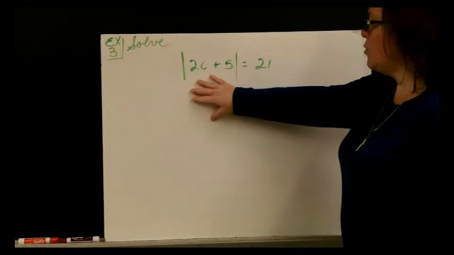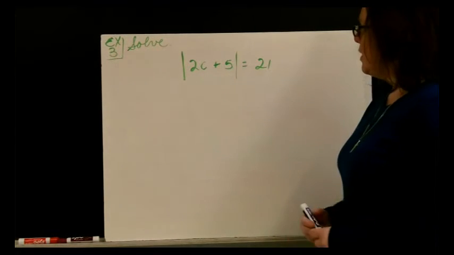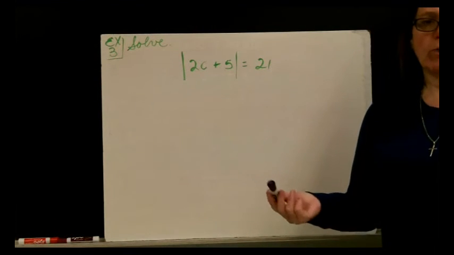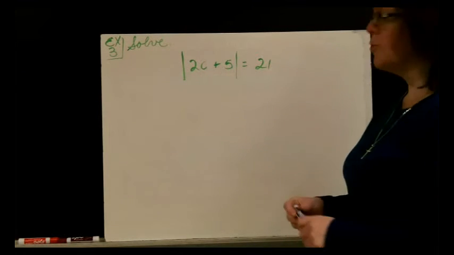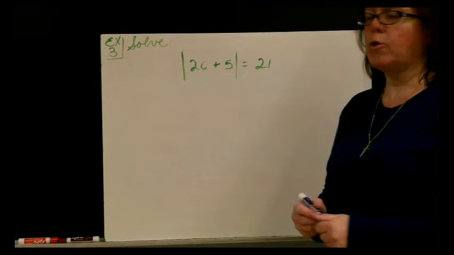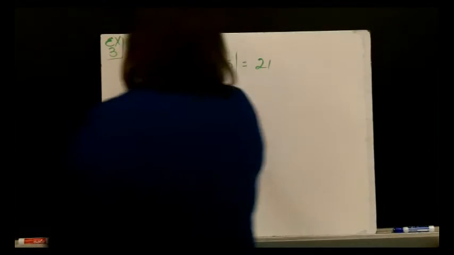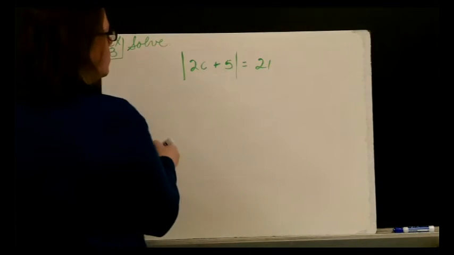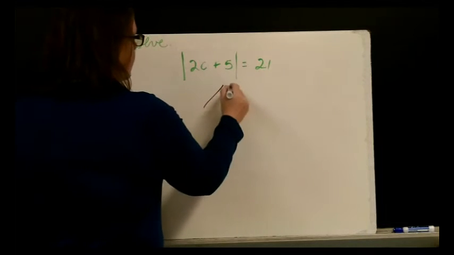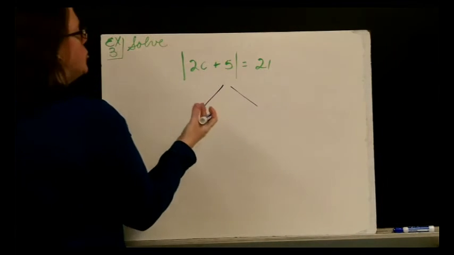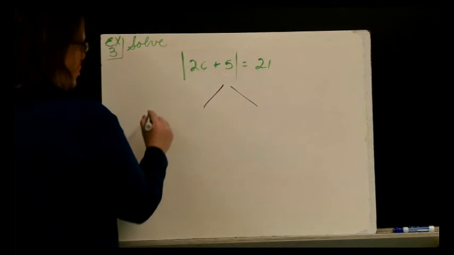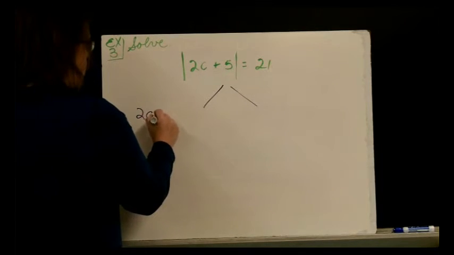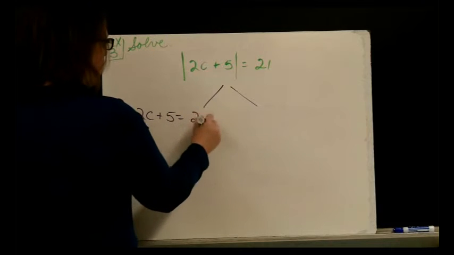The absolute value of 2c plus 5 is equal to 21. By now you probably already got started solving this problem, or at least you already know how you have to do it. Because we have the absolute value brackets here, you're going to derive two different equations from it. 2c plus 5 equals 21.